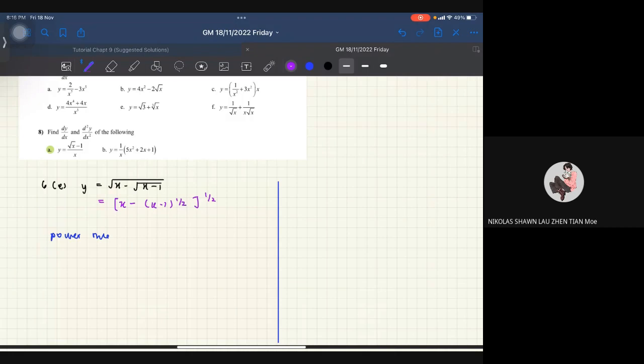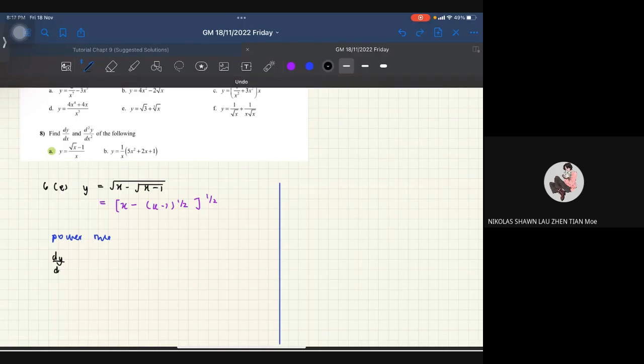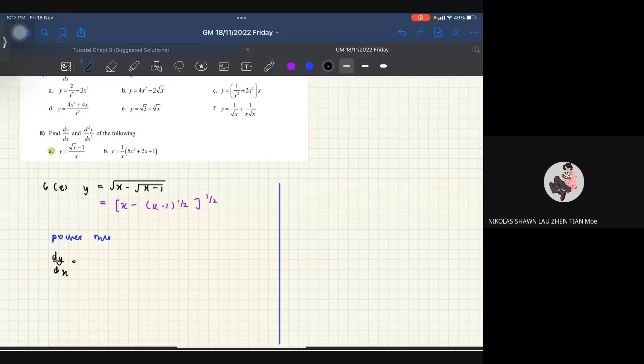Okay, so based on the concept of power rule, what we are going to do now is bring this power in front. So now I change my subject, it's going to be dy dx. Okay, so I have brought 1/2 to the front, so I get 1/2.